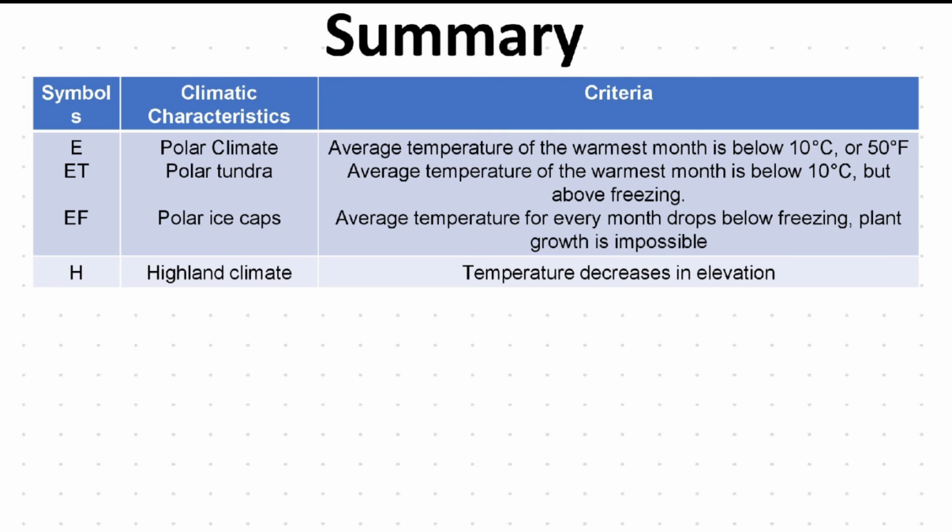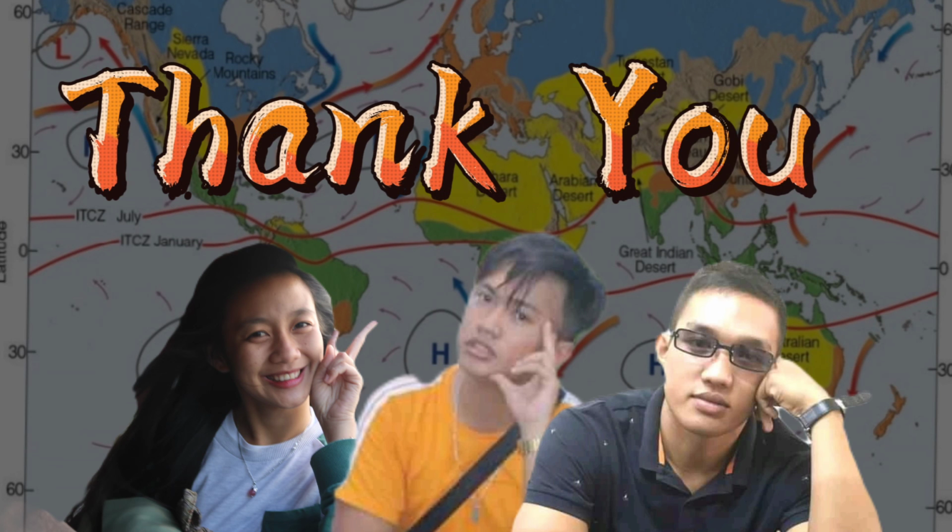And we have another, the EF, the polar ice caps. It has an average temperature for every month below freezing. Plant growth is not possible. And the last one, we have group H, which is the highland climate, where temperature decreases with elevation.